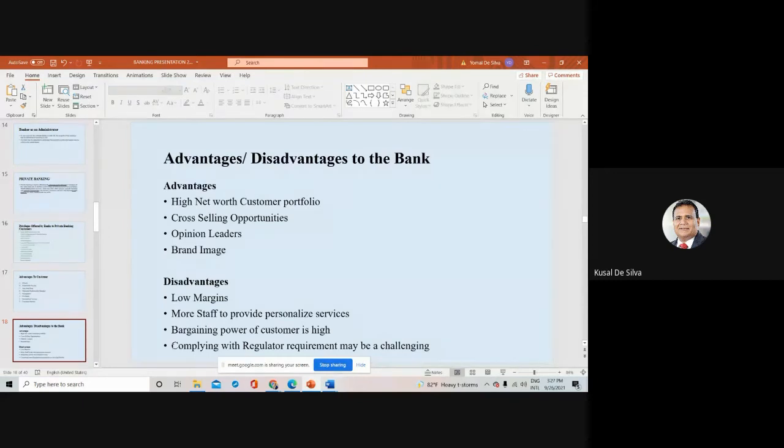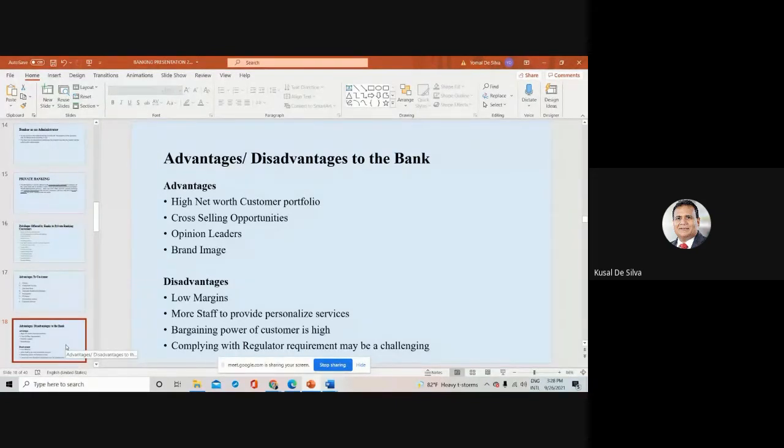They may sometimes challenge that this particular transaction was done by the bank without proper written instruction from the customer. Then it can be challenged, and the bank may not be able to provide any authenticated document in that regard. So these are the challenges we have.